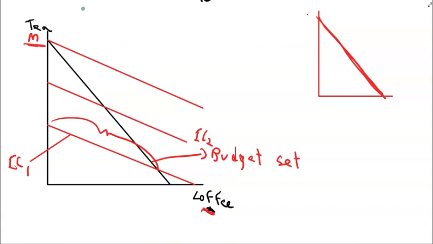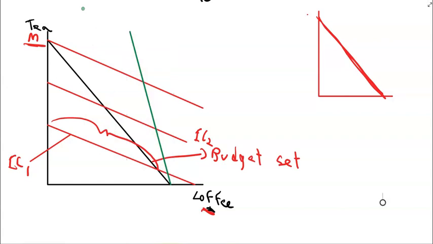Similarly, if my indifference curves were steeper, let's say shaped like this, the green line, I can see that I would have gone all the way rightwards until maybe I will be at that point.